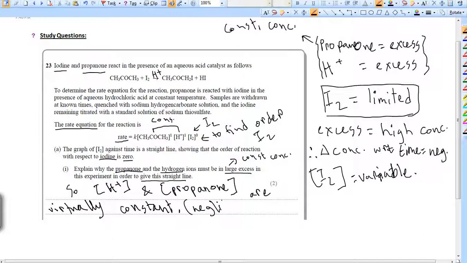When there is a negligible change, we say that the thing is virtually constant. So the change in concentration of these two is negligible, and that is why they are virtually constant.